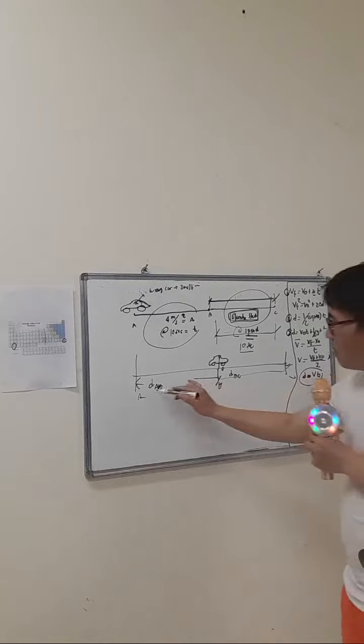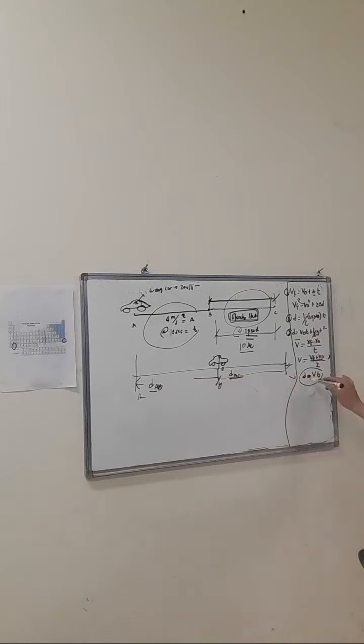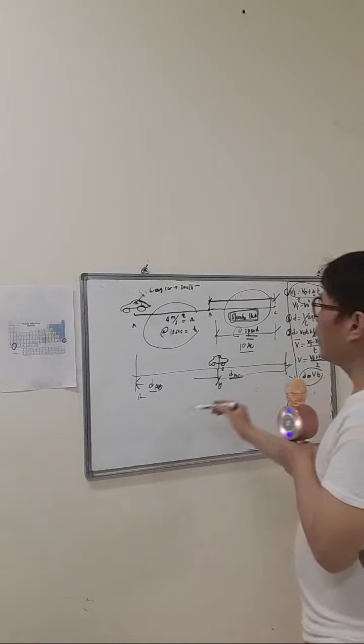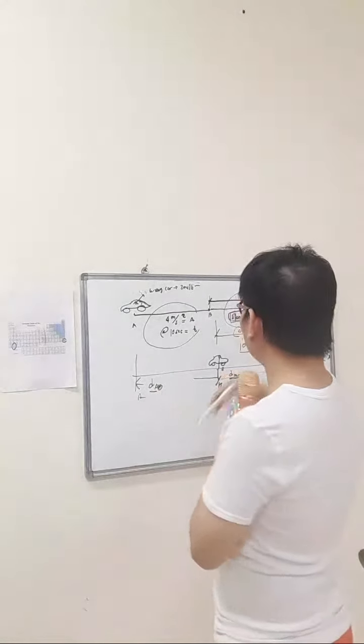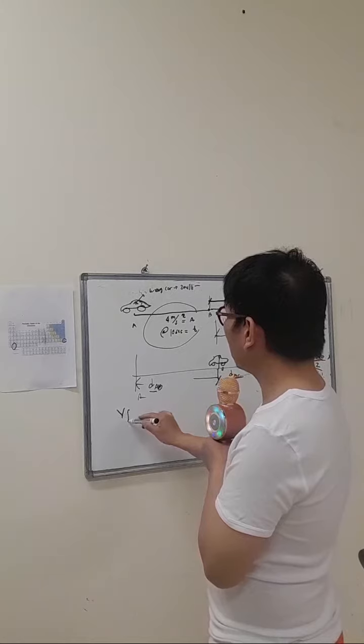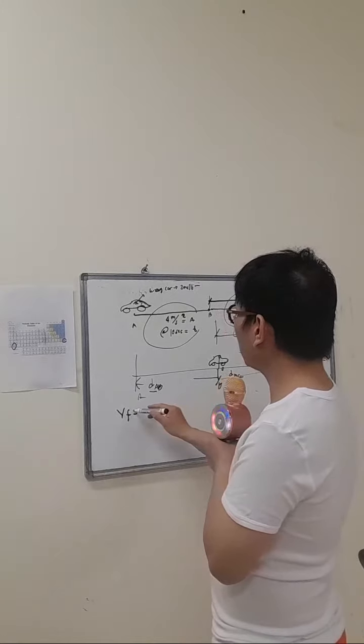For the AB distance, and distance equals velocity times time. Now, how can we compute? Use equation 1. So Vf, you don't have the final velocity, but you have the zero initial velocity.